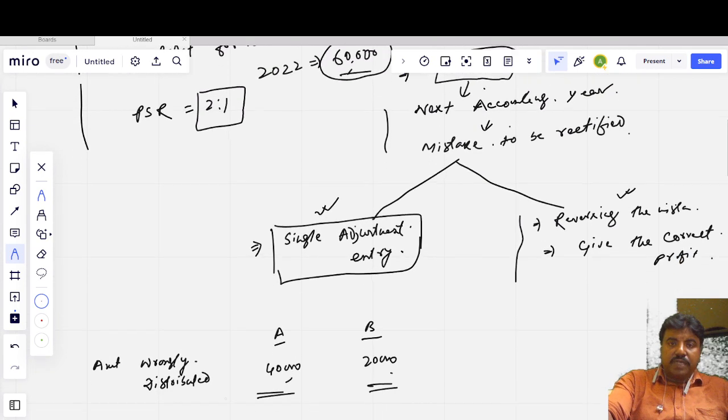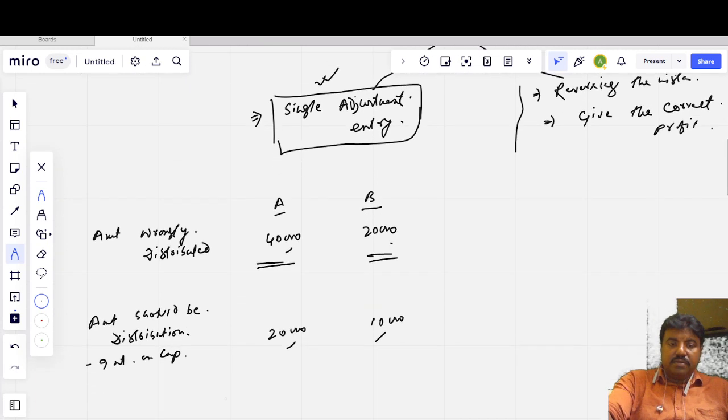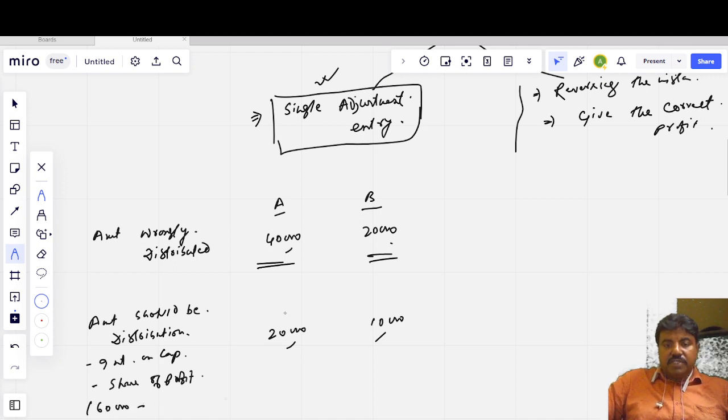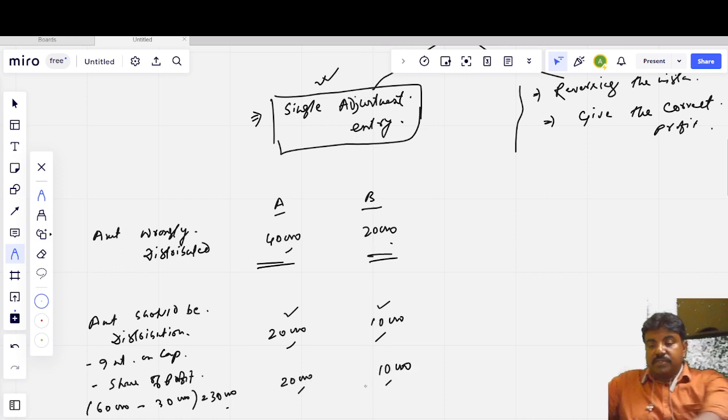So the remaining share of profit, because 60,000 is the net profit, from this if we subtract the interest on capital, the remaining share of profit is 30,000, which is again to be shared in the ratio of 2:1. So A will be entitled to get 20,000 and B will be entitled to get 10,000.